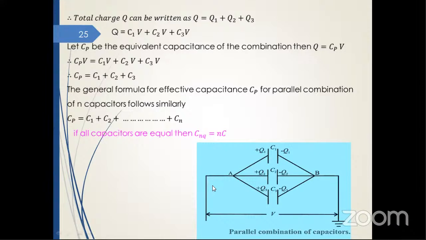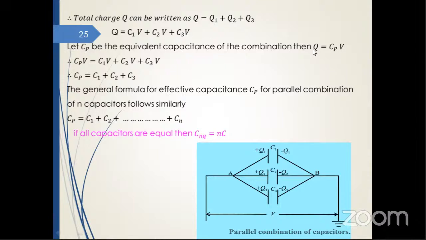In this way the charge is distributed in the parallel combination, and in the series combination the potential difference is distributed. Now see, the total charge Q can be written as Q equals Q1 plus Q2 plus Q3. With the help of our definitions, Q is equal to C1V plus C2V plus C3V.